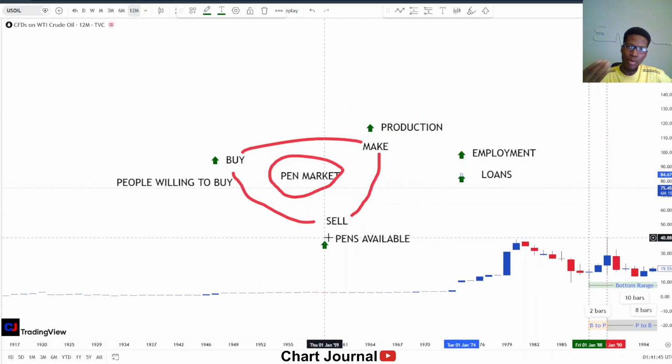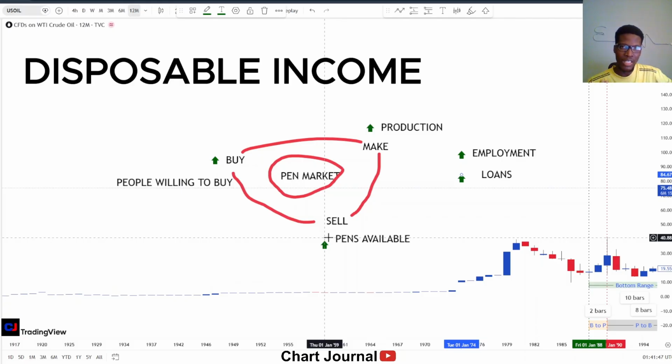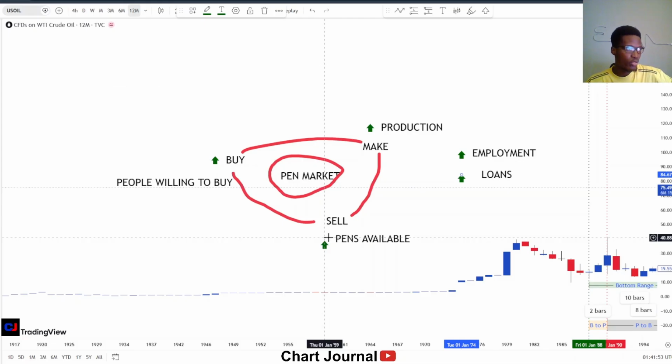If people are being employed more, they have more disposable income. And disposable income here simply means income you can dispose, or simply money you can spend. So the more people are being employed, the more money you are likely to spend. In this economy where we have only pens, once you have more money, you are likely to buy pens.